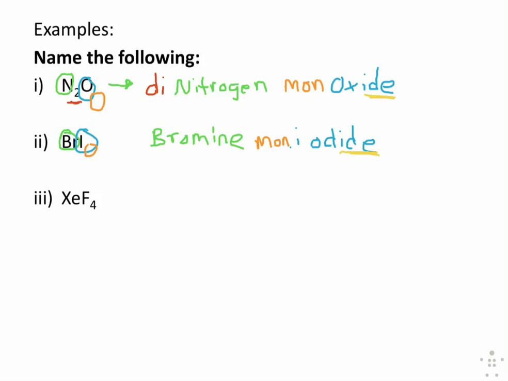Our last example down here, we have xenon. An invisible one here means mono, but we don't write it in because it's the first atom. We have an F here, so we have fluorine. Oh, I need more space for that.